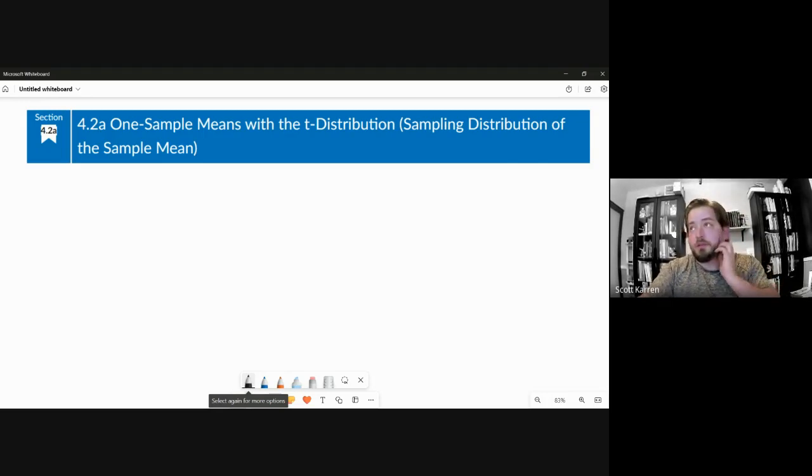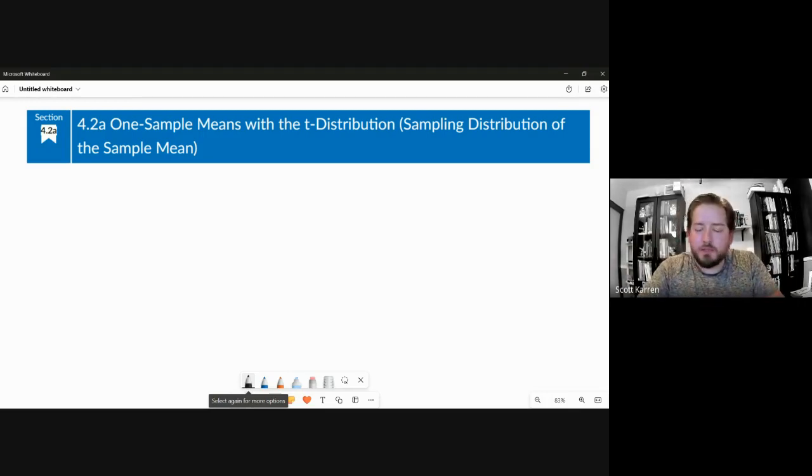So the sampling distributions that we've dealt with up to this point have been primarily normal, or we can approximate them to be normal. But if the sample size is too small, that normality, that curve kind of gets messed with a little bit and is less reliable.